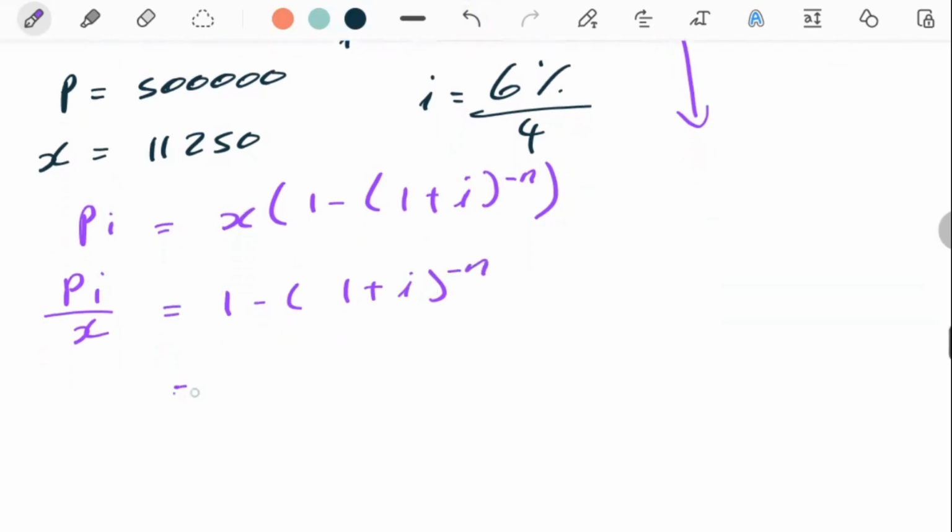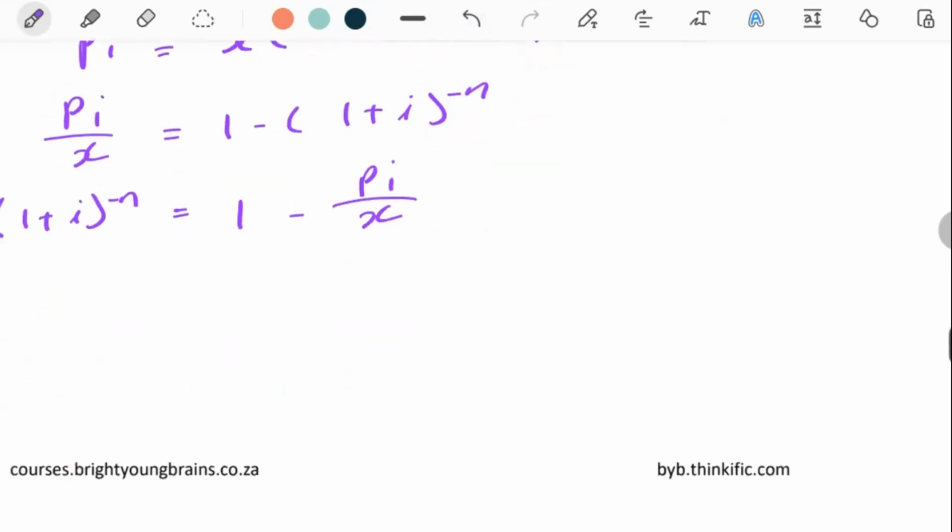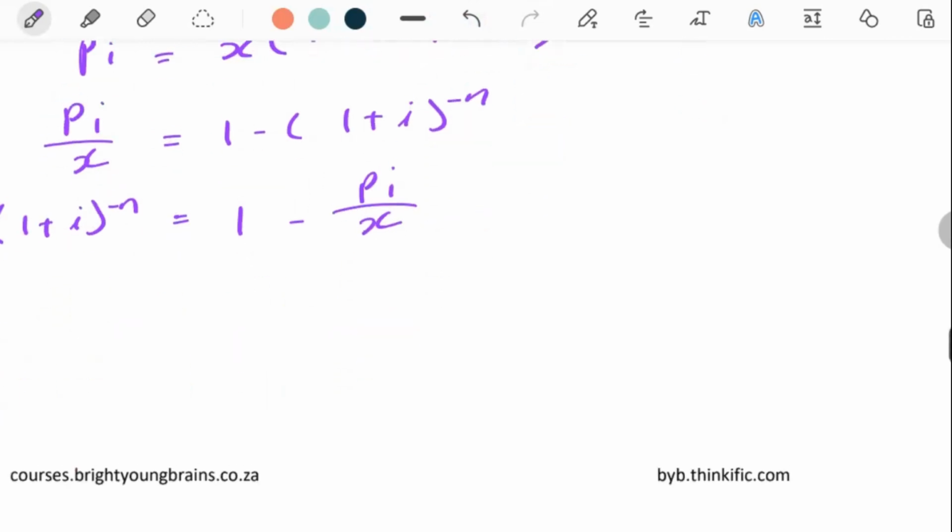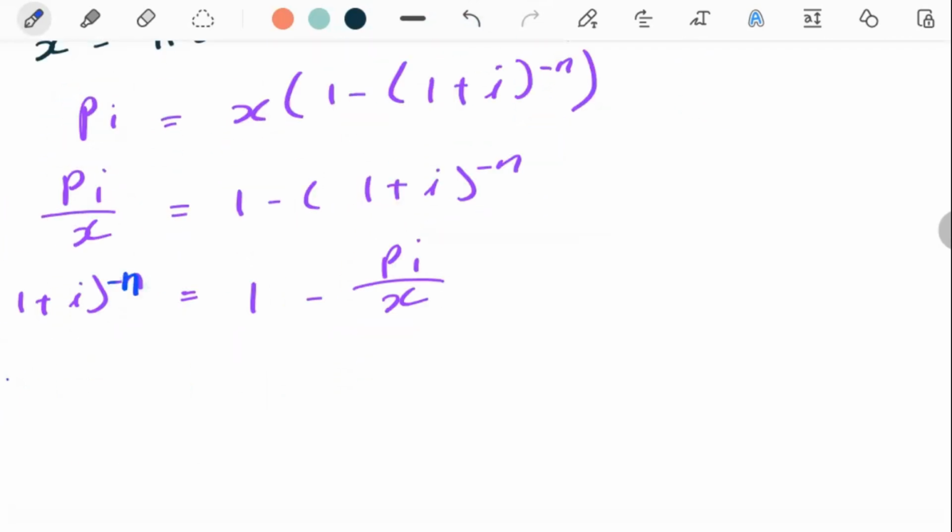And then let's take this whole thing here to one side so that it's a positive, and then take it to the other side. 1 minus Pi over x. And then since we want to make n the subject of the formula, we're going to have log. The base of the exponent becomes the base of the log, and this value is still just there.